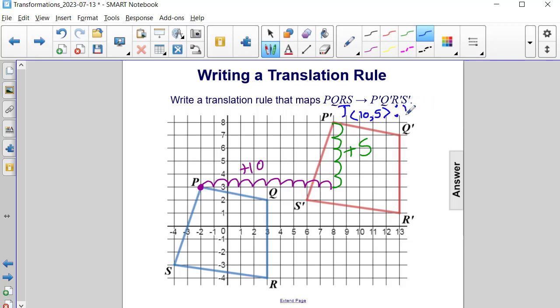And we did, in parentheses, P, Q, R, S, and we traveled to P prime, Q prime, R prime, S prime. You could also write it as T with a colon, X comma Y, goes to X plus 10, Y plus 5.